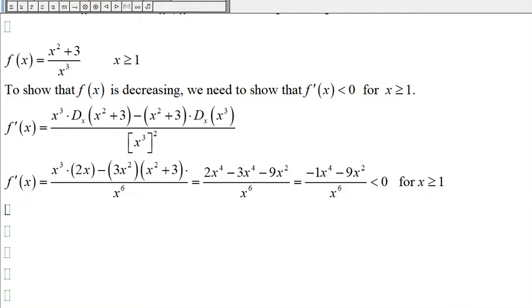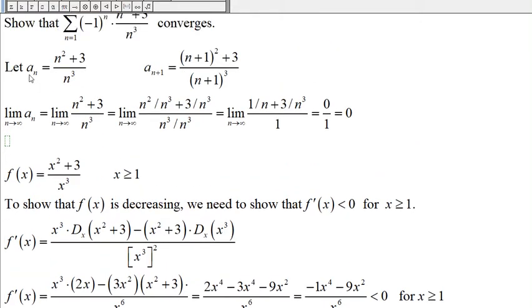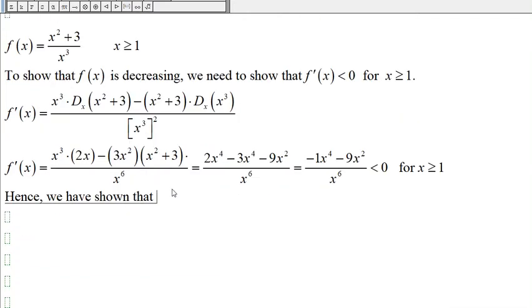And hence we have shown that the a sub n right here is a decreasing sequence.